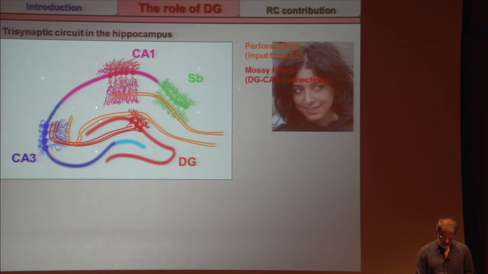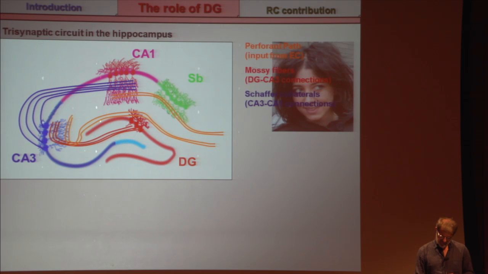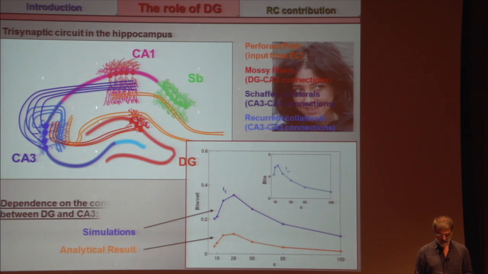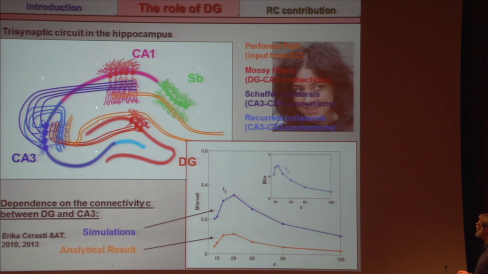So with Erika, we considered a model which includes the other projections that I don't spend time on. And I just show you this plot, which has the result of simulations and analytical result. And first, you should see the quality of our work: we get an unexplained factor of 4 between the simulations and the analytical result.